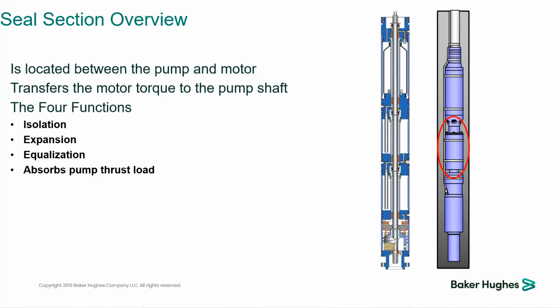Don't elaborate. Just isolation, expansion, equalization, and absorb the pump thrust. If you are required to give more clarification, then we will go through each one of those functions and explain in detail what isolation, expansion, equalization, and absorbing the pump thrust mean.